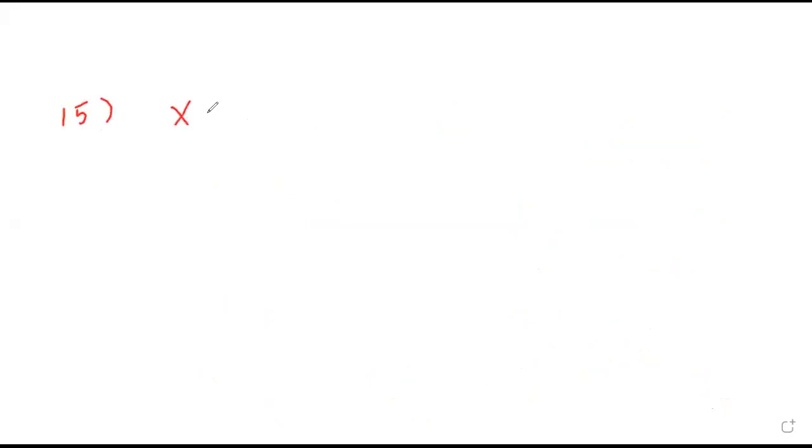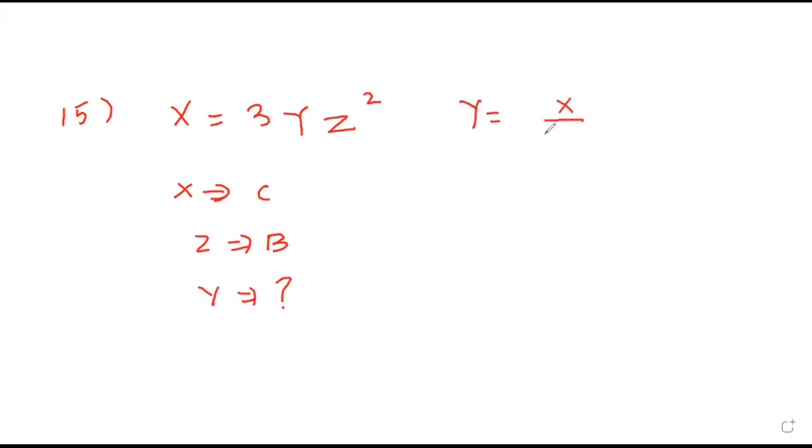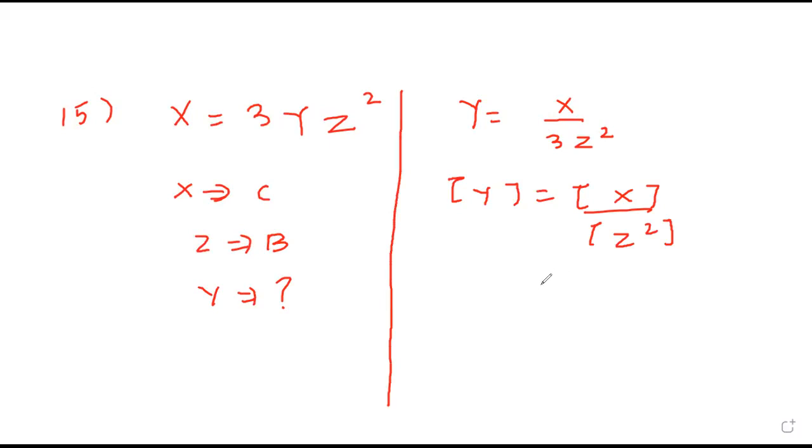In the formula x equals 3y z square, x has the dimension of capacitance, and z has the dimension of magnetic induction denoted by B. Then what is the dimension of y? The dimension of y will be x upon 3z square, that is, the dimension of x upon z square, because 3 is a number and will not have dimension.